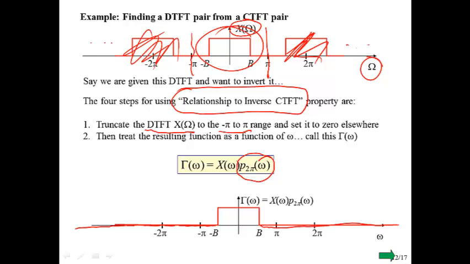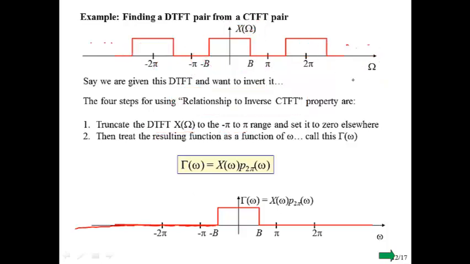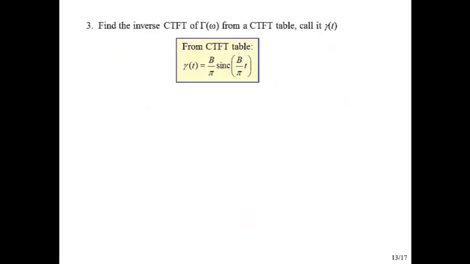Now we treat this thing as a function of omega, but with still the same markers, right? B, pi, 2 pi, and so on. So we're just changing the symbol, not doing a unit conversion. Those are the first 2 steps.